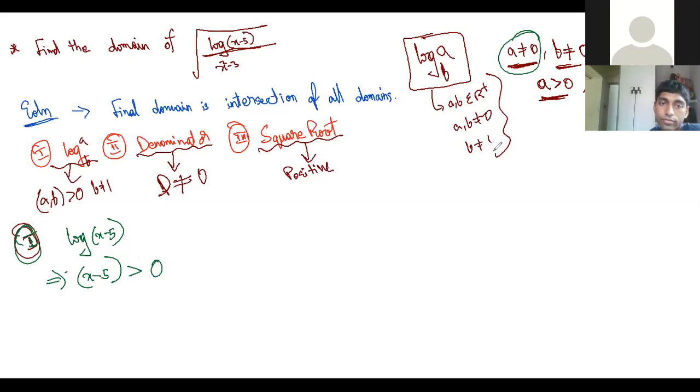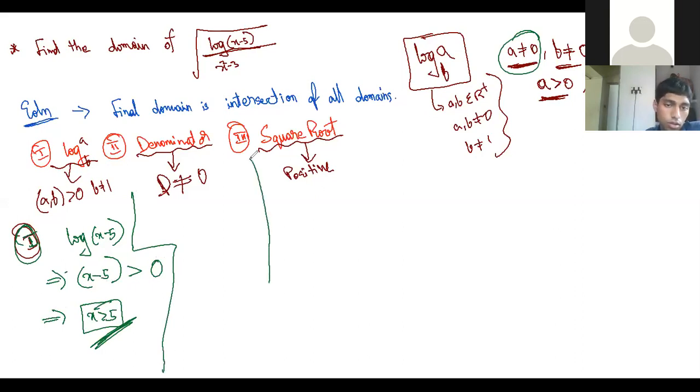Adding 5 on both sides, x is always greater than 5. This is the permissible domain for the log part. Everyone is clear with this?